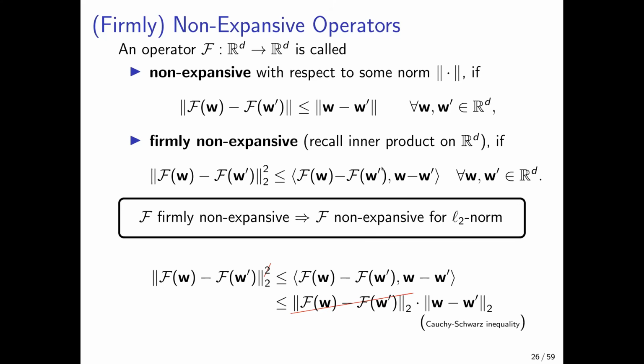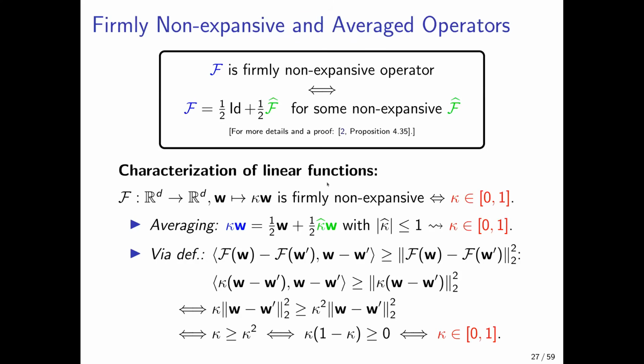This provides some intuition that this f probably cannot be too far away from the identity mapping. And it turns out that this can also be formalized.